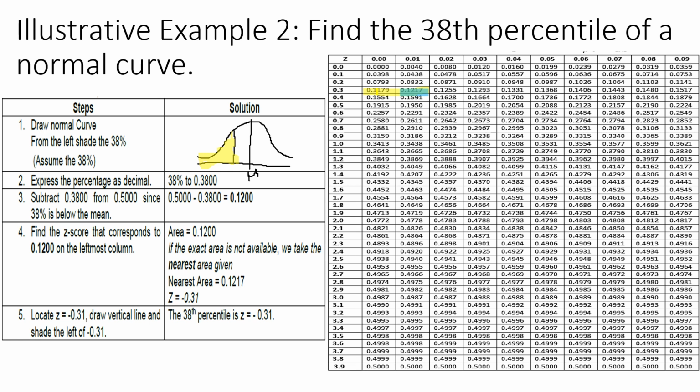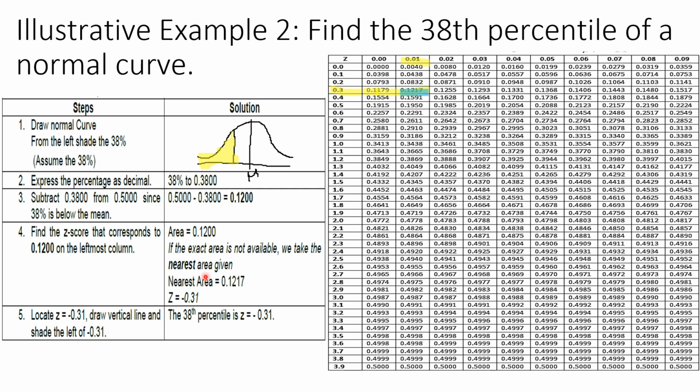Therefore, the corresponding z-score is 0.3 and the last digit is 0.01. That makes it the z-score 0.31, no? So 0.31. But the question is, why is this negative?